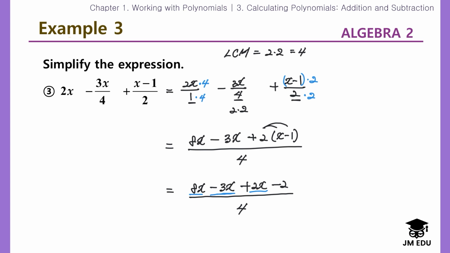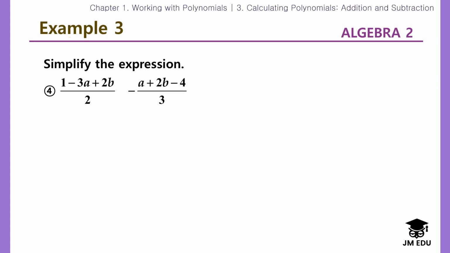So that is equal to 7x, and we only have one constant, minus 2, right? Minus 2 over 4. Number 4, let's find the common denominator.